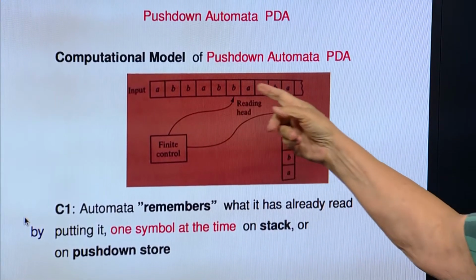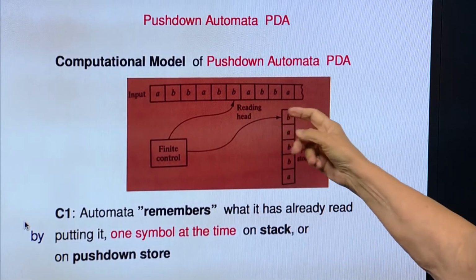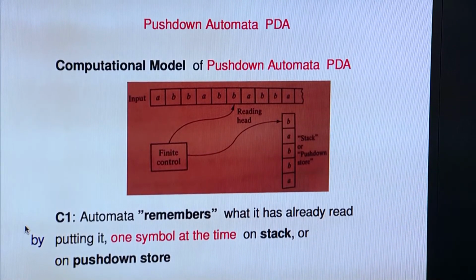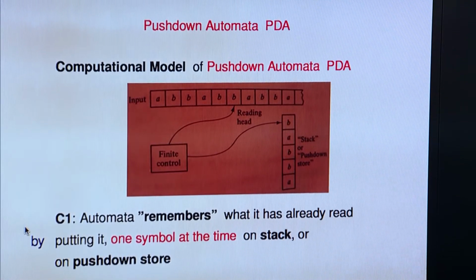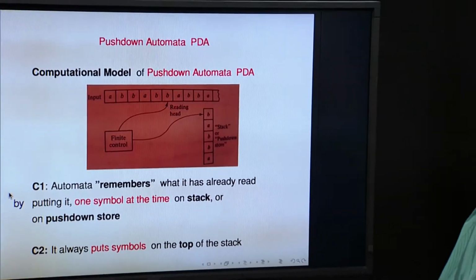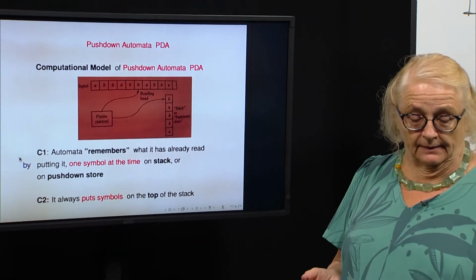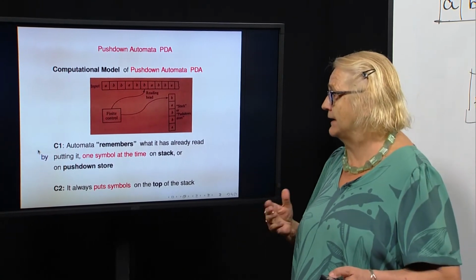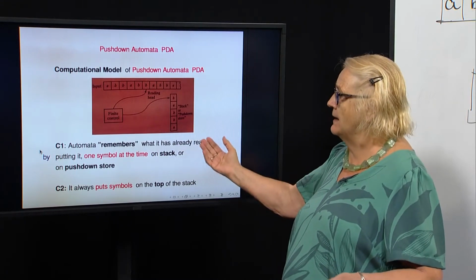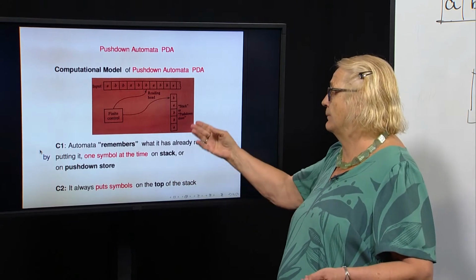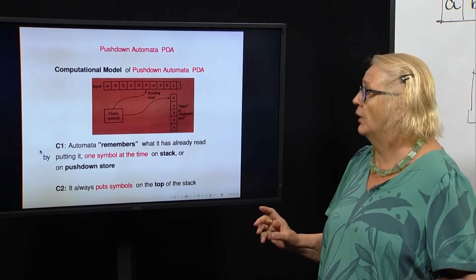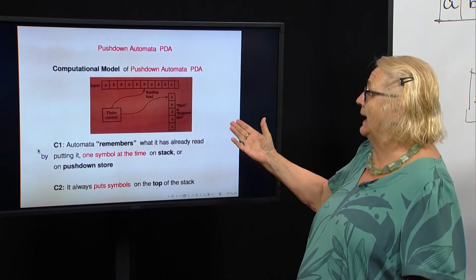Here we have the input word, but we can also operate on the store, where we can put things in the store, remove them, and so on, so the whole operation is much richer than in normal finite automata. The automaton remembers one symbol at a time, and you can think about this push-down store as a memory.